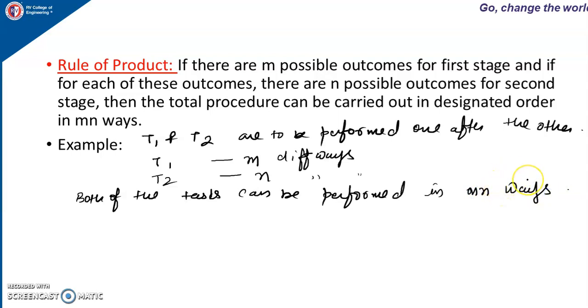Remember one thing: we apply the rule of sum when one of the tasks should be performed. We apply the product rule when both of the tasks should be performed.